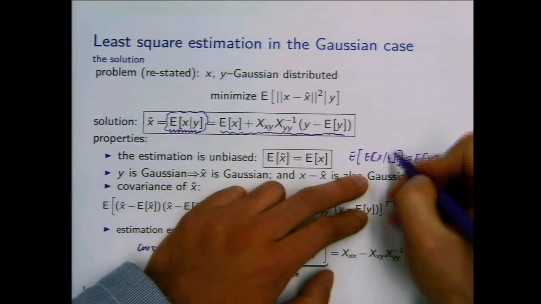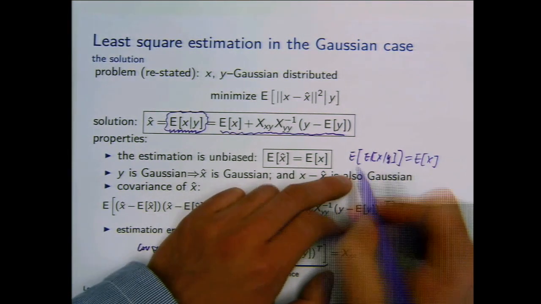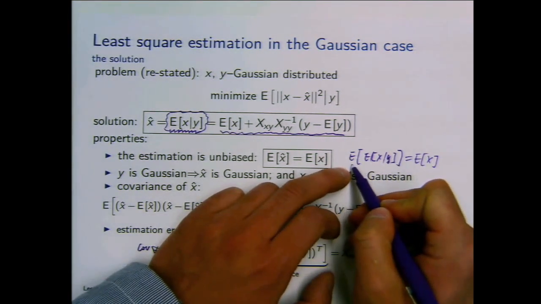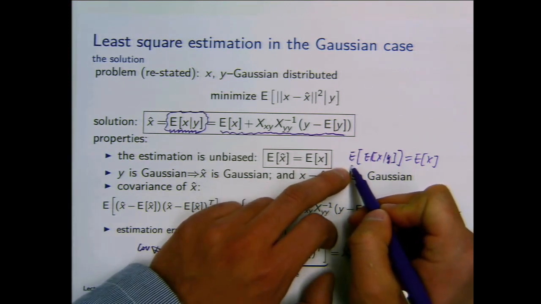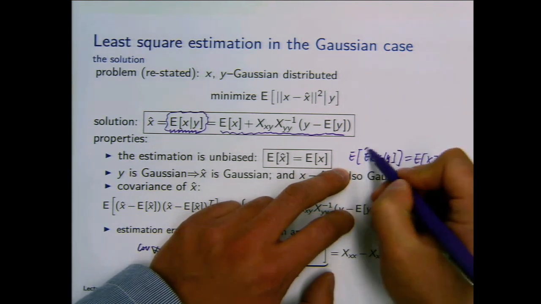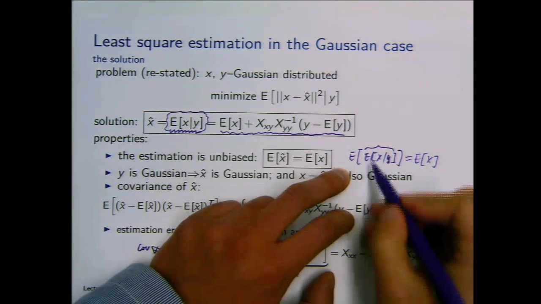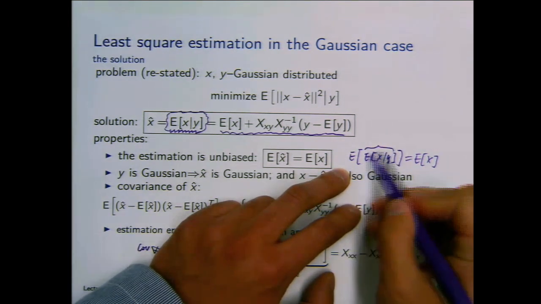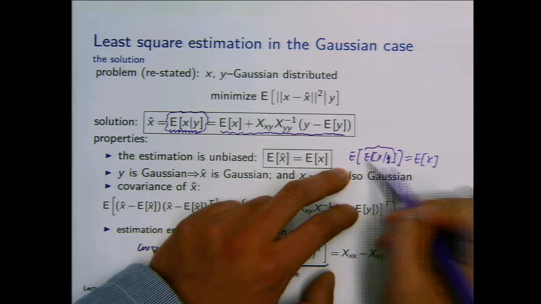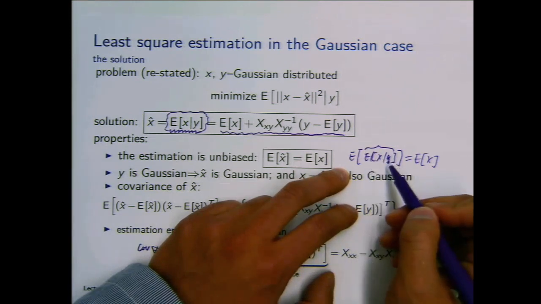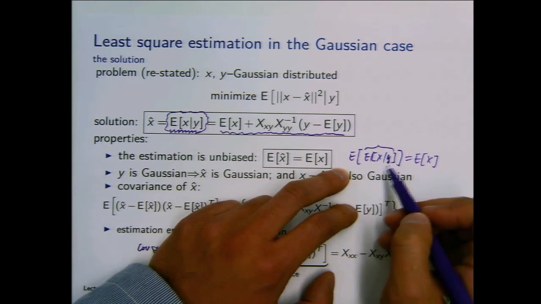First of all, what is this outside expectation taken with respect to? Meaning, what's the randomness in this term here? What is random in this term? X, not quite. Y, right?